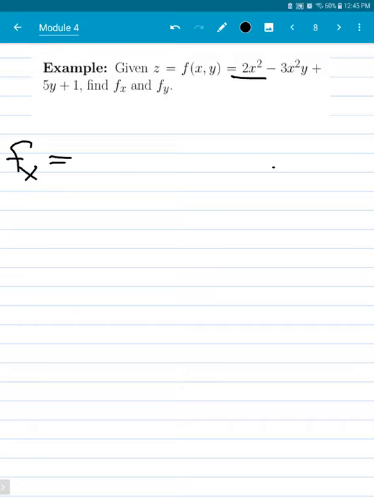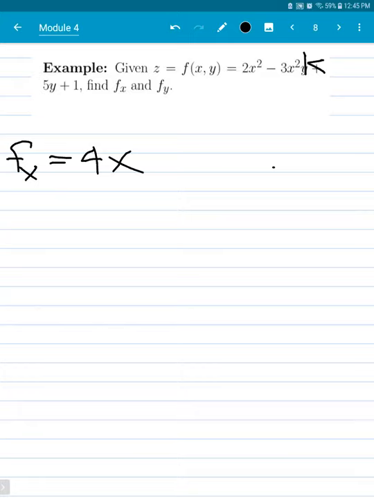It's just in terms of x alone, so just 4x. But if you look at the second term, it has two variables. So how do we differentiate that with respect to x? Now you think of y as though it's just a constant. So you can think of it as though it was, let's say, k or 2 or any other constant.